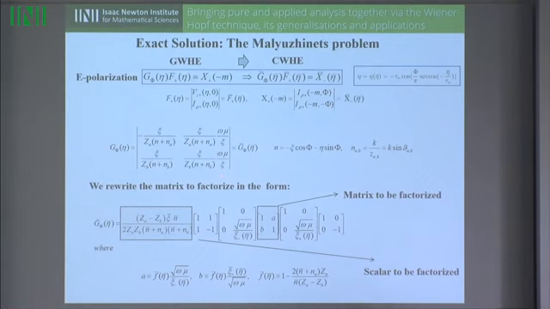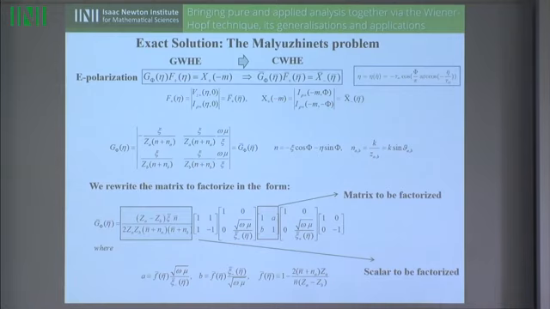Okay, in this case the kernel is much more difficult to treat, but we can rephrase this kernel into this kernel, where you see that there are constant matrices, then some already factorized terms here, and then a matrix to be factorized and a scalar to be factorized.